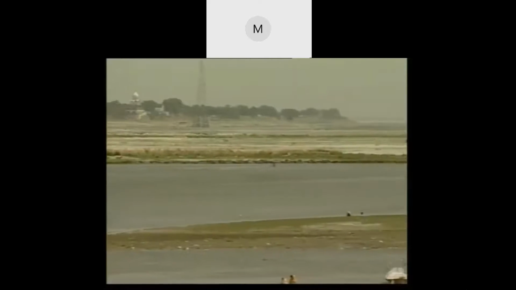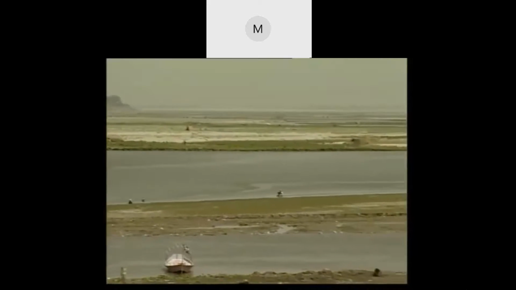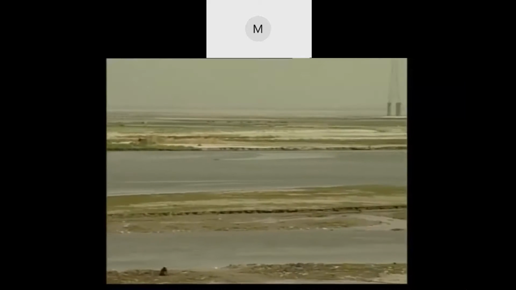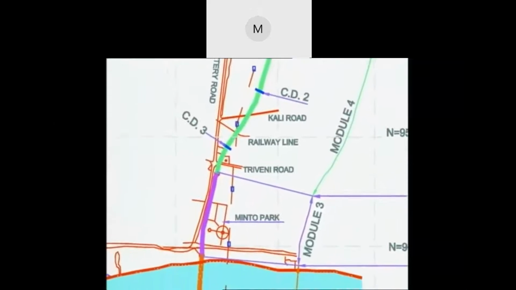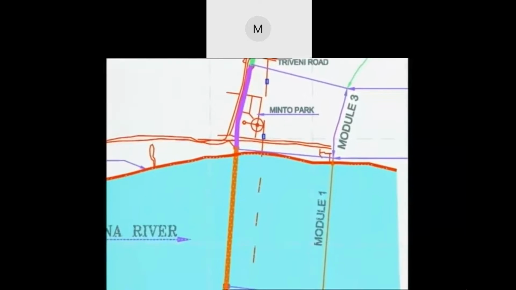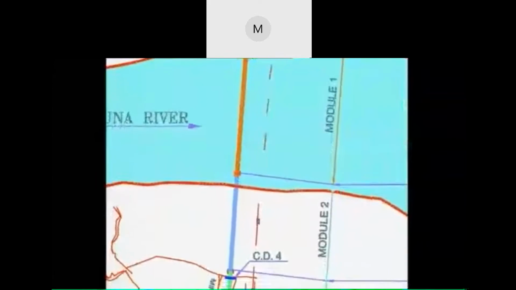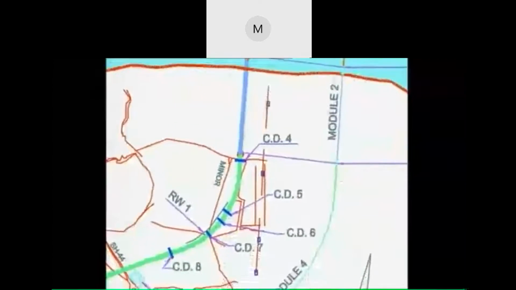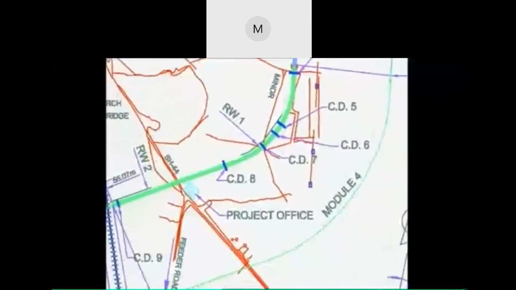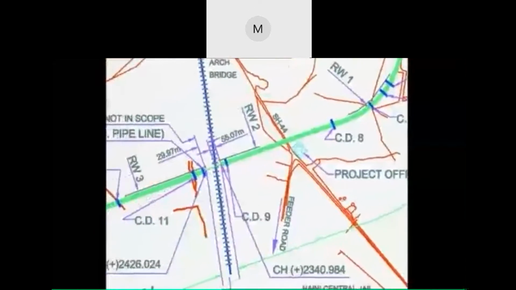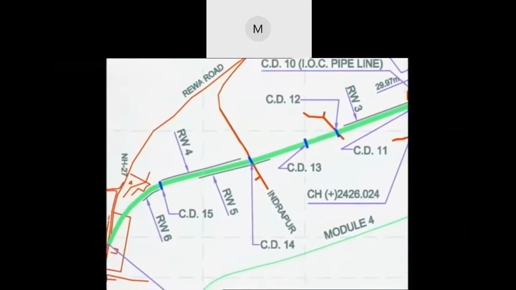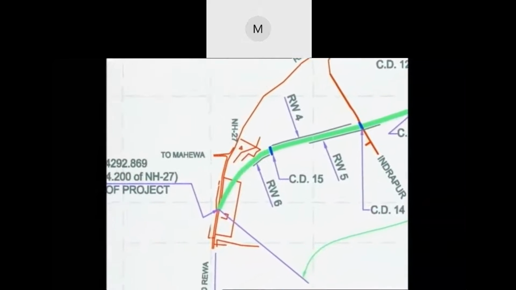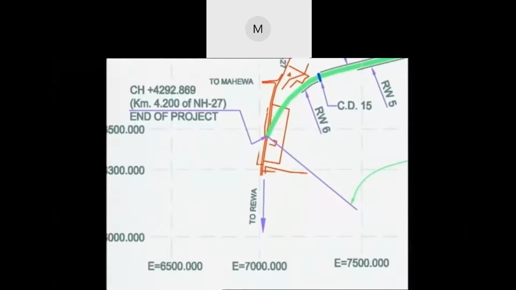Following a detailed survey of the area on both banks of the Yamuna, the National Highway Authority of India finalized the alignment of the new bridge connecting GT Road on NH2 on the Allahabad side with Rewa Road on NH27 on the Naini side. The total length of the connection is 5.155 kilometers, comprising 3.5 kilometers of approaches and 1.5 kilometers of actual bridge.